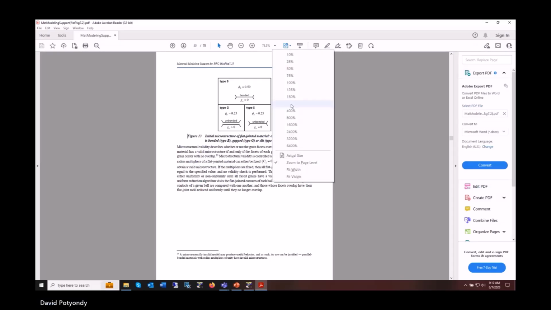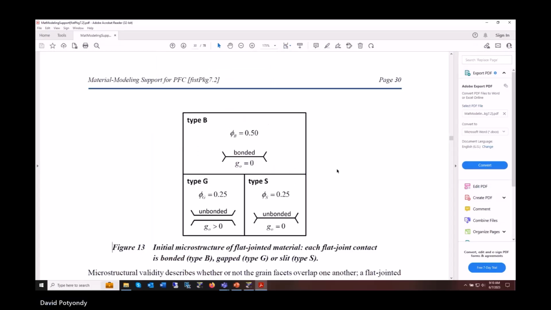It's going to set up 3 different types of flat joint microstructures. You can have some that are bonded, which means the initial flat joint surfaces have no overlap, but they're bonded. Or you can have the initial surfaces have no overlap, but be unbonded.